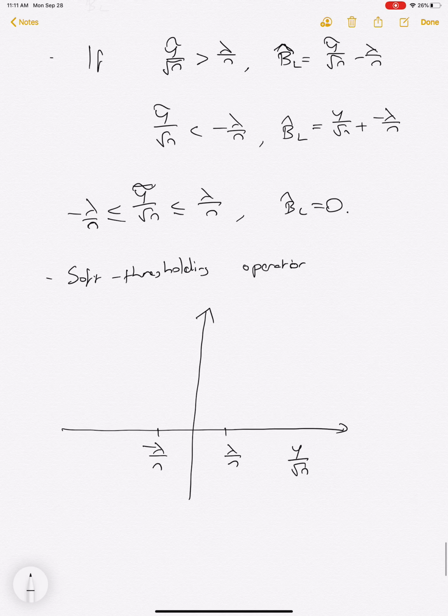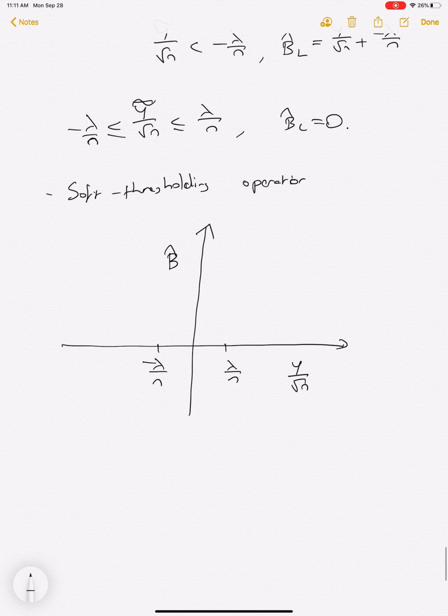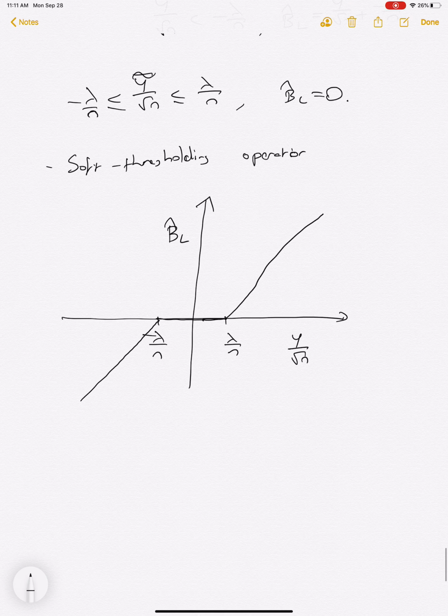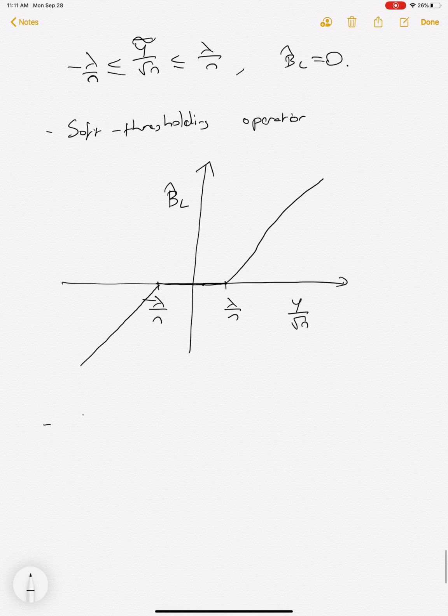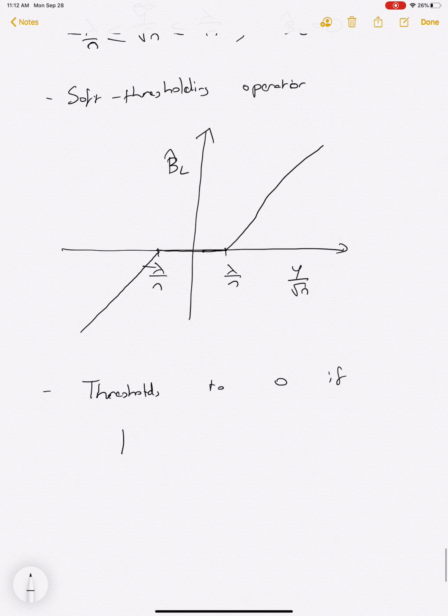Your b hat L is essentially this function. It's a linear function up until negative lambda over n, then it thresholds things to 0, and then it goes back once you go above lambda over n. So it thresholds to 0 if the absolute value of y tilde over square root of n is small.